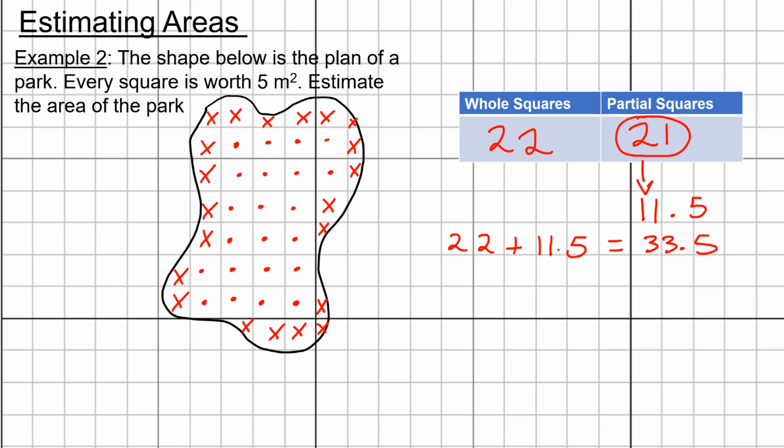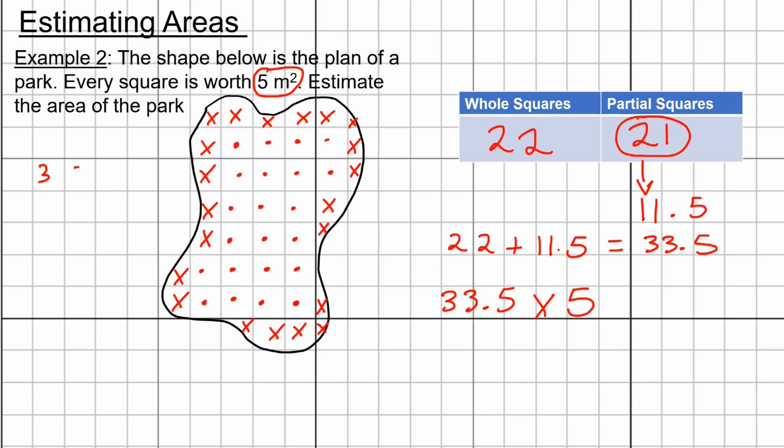But the thing is, every square is worth 5 metres squared. So this isn't just 33.5 squares, it's 33.5 lots of 5 metres squared. So I need to times 33.5 by 5.